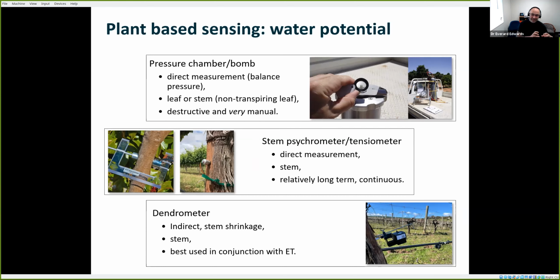And we can then look at that in conjunction with weather data and determine whether the diurnal change is as big as we would expect, given the weather data that's occurred. And so when those two things separate out, we know we've got vine stress. So this is an indirect measure, and we now do require environmental data to really understand it.